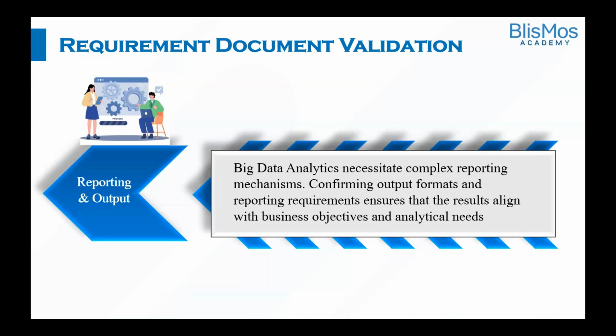But we are trying to do all these validations much earlier in the project. So in the reporting, we'll see whether the output formats are mentioned properly or not. What are the different computations mentioned, and whether they are making sense or not. All those things need to be validated in the reporting and output.